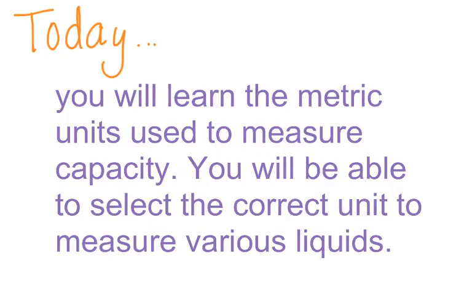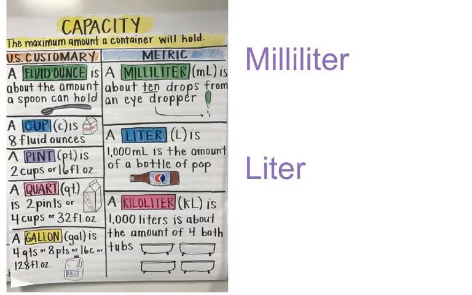Now today we're going to move on to using the metric system or metric units to measure capacity. And you should be able to select which unit you would use to measure various liquid amounts. So I have another little poster here that looks at the metric measurements of capacity. And you're going to see on the right-hand side here, we have milliliter and liter.